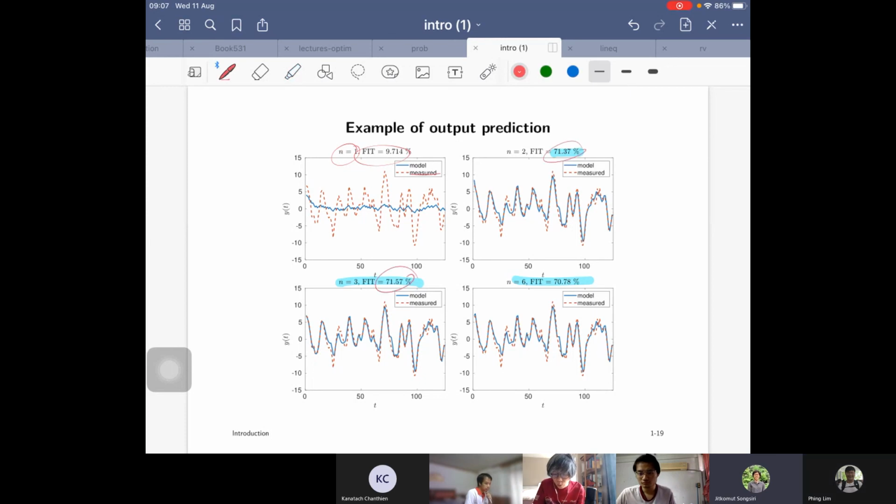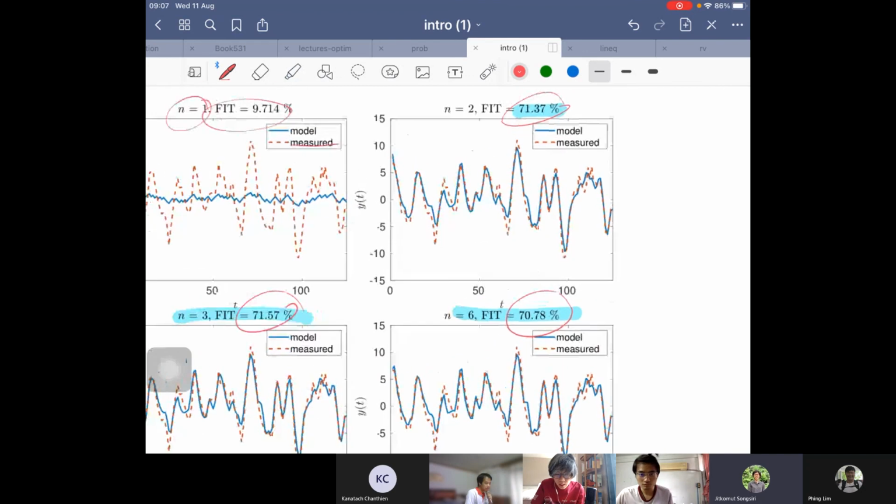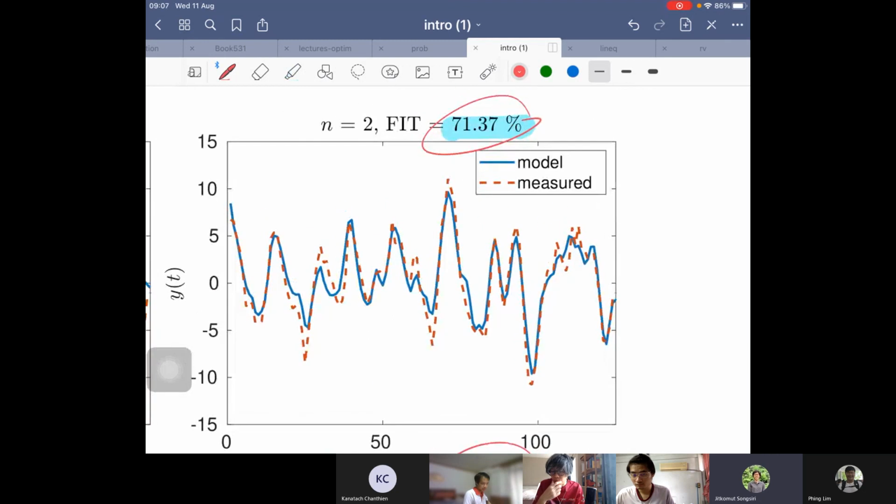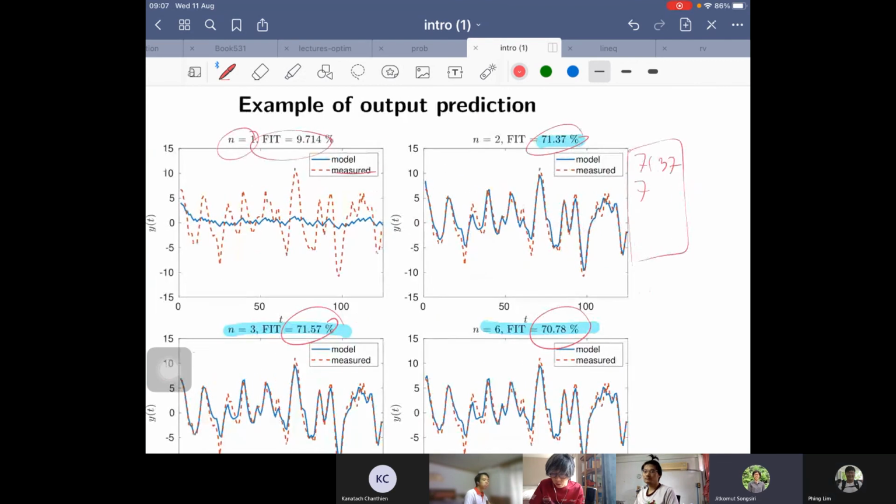It's not that you just look at these numerical values. When you do the modeling, you need to plot the graph to see the fitting so that you get a sense of model quality, not just by looking at the fitting number. 71.57, 70.78.